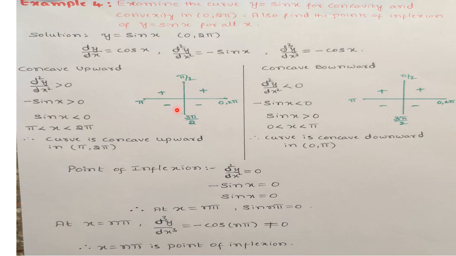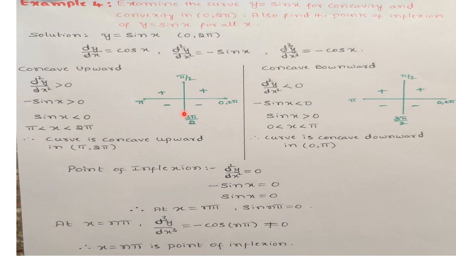See here, according to the ASTC rule, sin is positive in first quadrant and second quadrant, and sin is negative in third quadrant and fourth quadrant. Therefore, here we want sin x value is negative. In which quadrant is sin x negative? In the interval pi to 2 pi. Here this one is 0 to pi by 2. Second quadrant means pi by 2 to pi. Third quadrant means pi to 3 pi by 2, 270.